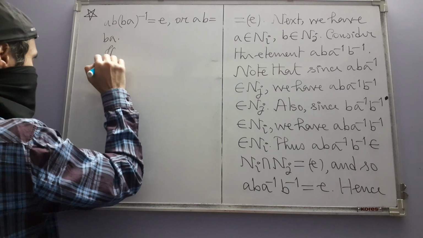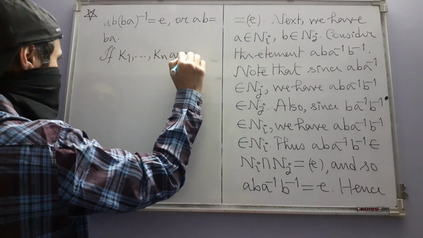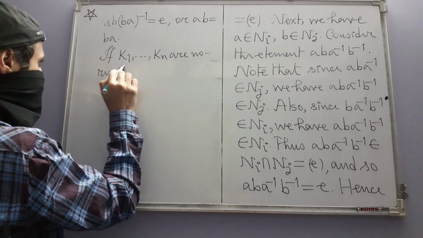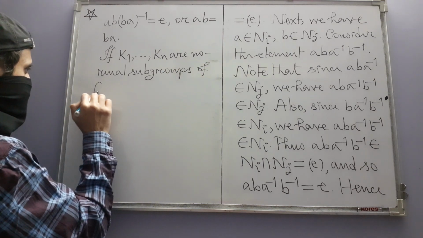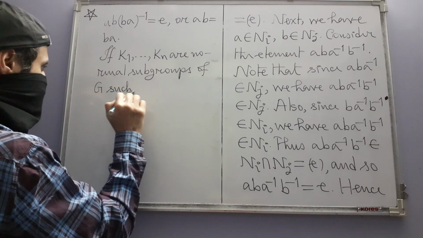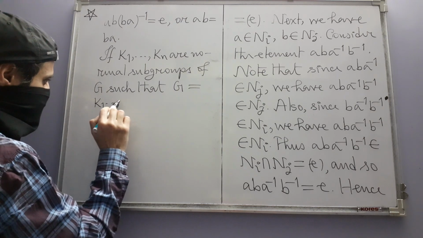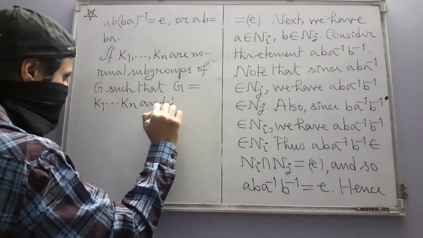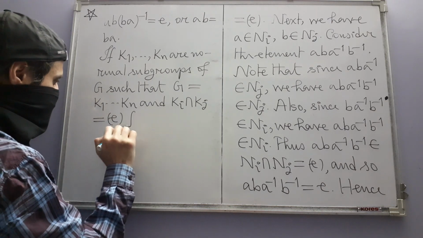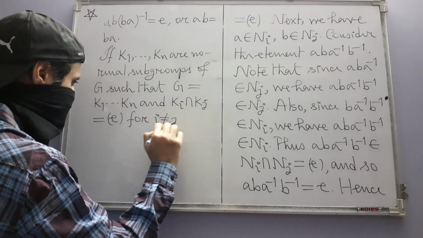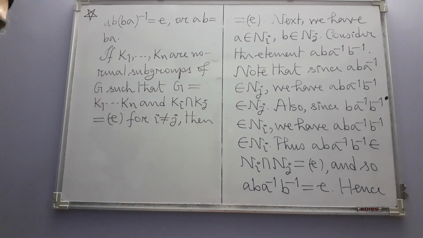That is, if these are normal subgroups of some group G such that G is their product, and they also intersect trivially for distinct indices i and j, but that is not sufficient to conclude that G is their internal direct product.